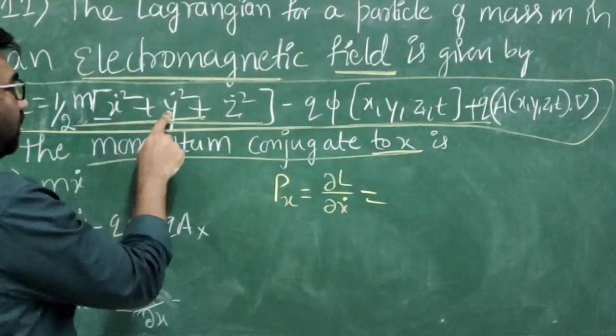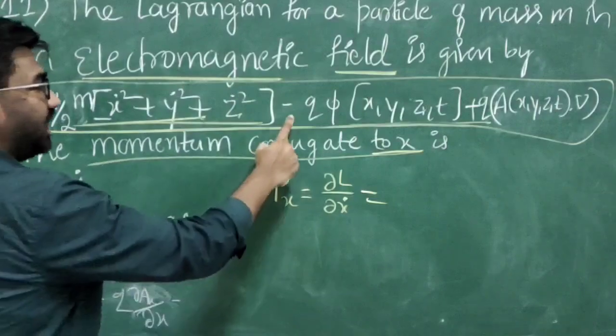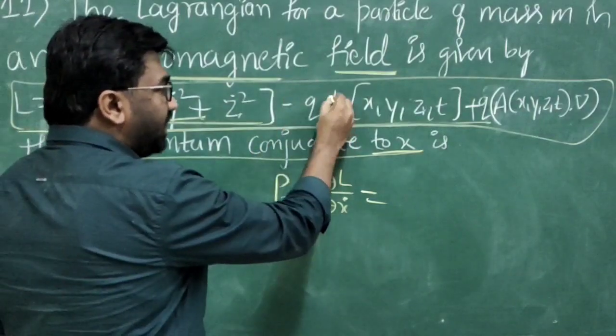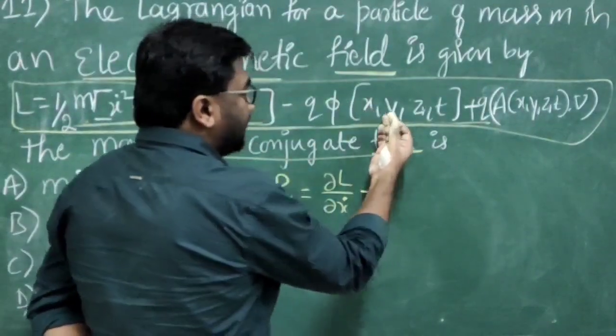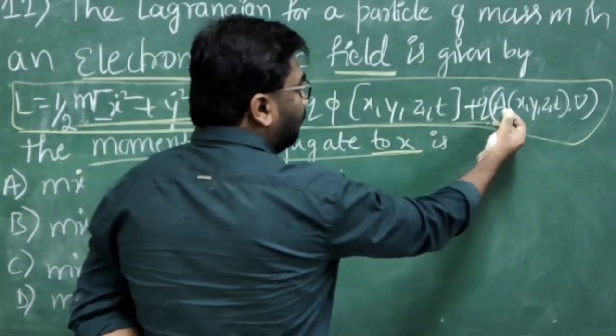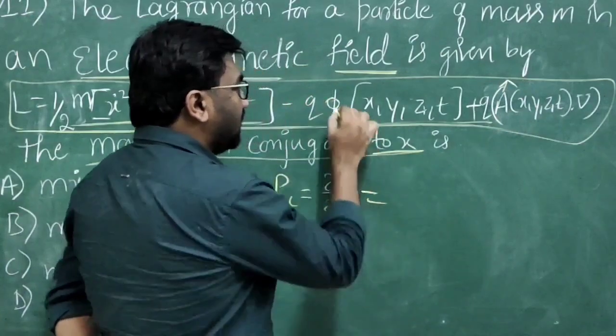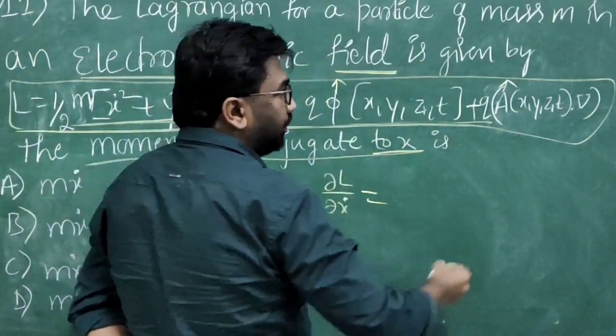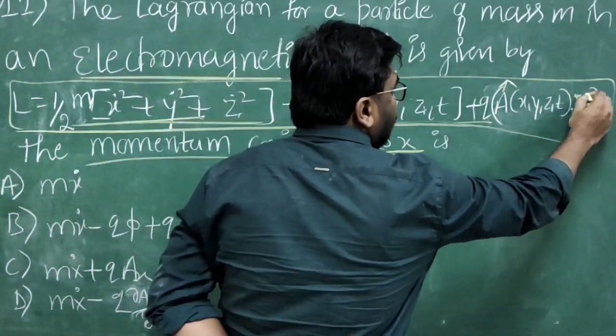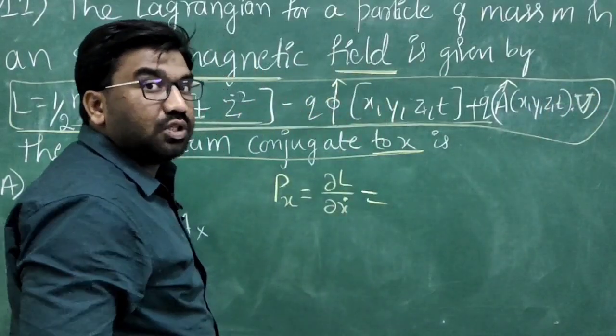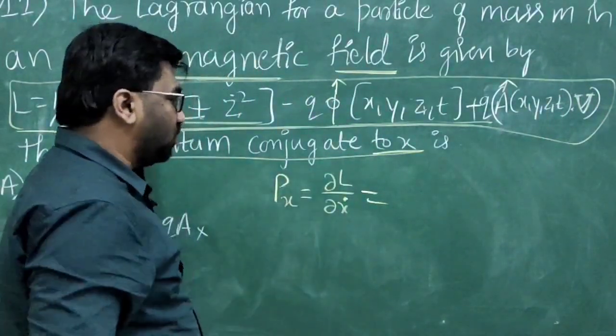Half m times x dot square plus y dot square plus z dot square, minus q phi, where phi is the scalar potential of x, y, z, t, plus q A of x, y, z, t dot v, where A is the vector potential. The velocity is also time dependent.